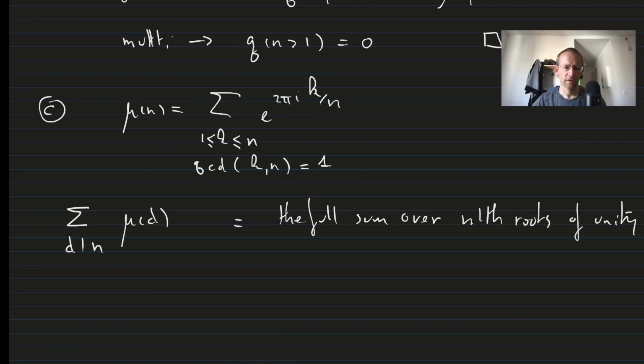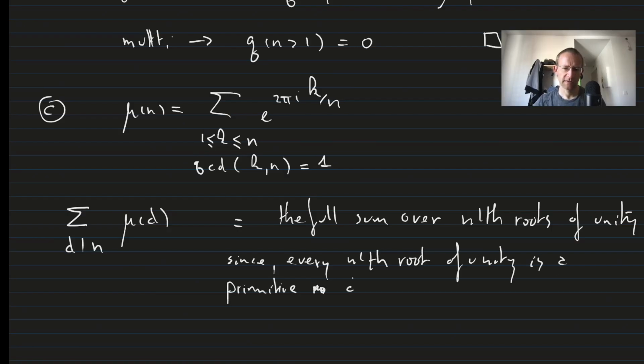because every nth root of unity is a primitive dth root of unity for a unique divisor d of n.